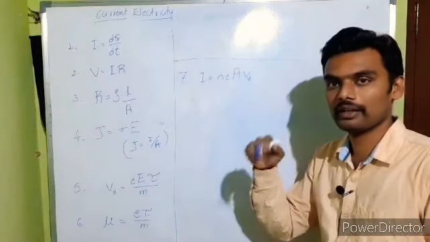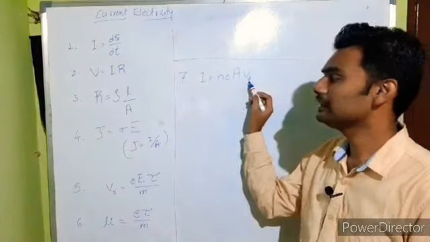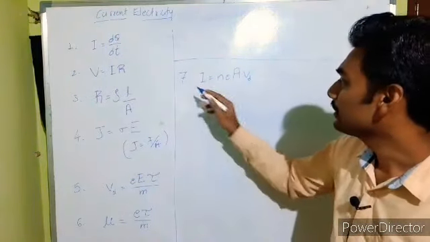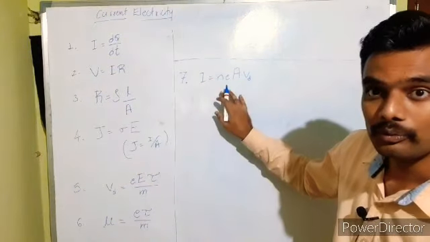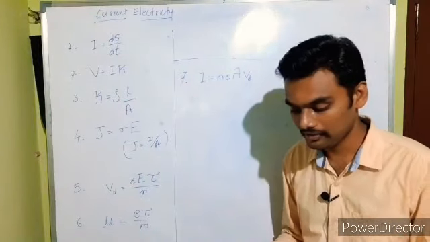A is the area of cross section of the conductor. Vd is the drift velocity of electrons. This is again an important expression, which is also important in the result of an important derivation.